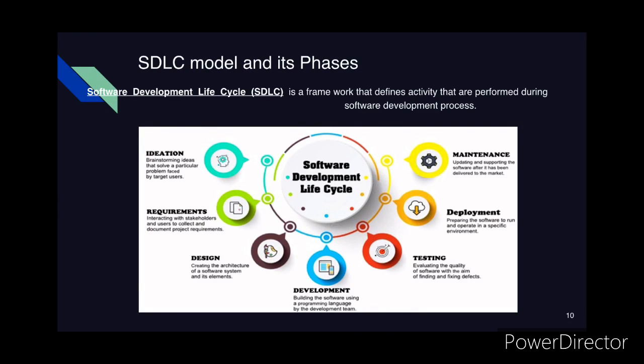Now here there are two terms, one is requirement and one is specification. Requirement you can link up with a client, that is, it specifies what the software must do, and specification you can link up with a developer. It specifies how the software will be created or implemented.